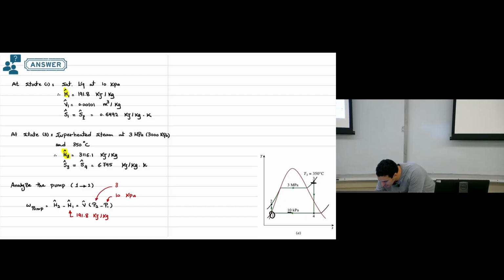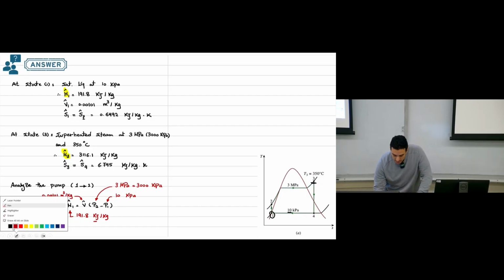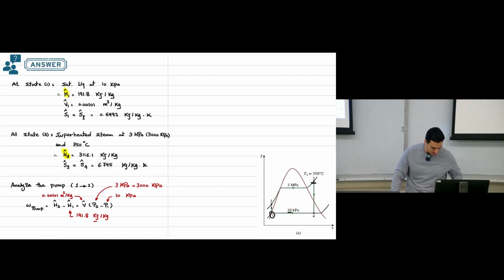This one is 3 megapascal. And for consistency, make everything in kilopascal, because here we have kilojoule. So this will be 3000 kilopascal. What is the specific volume? It's 0.001 meter cube per kilogram. So we have all the information we need in this example. All the unknowns are here.